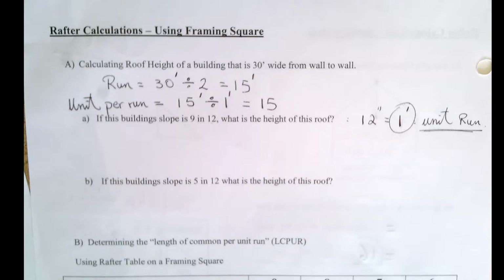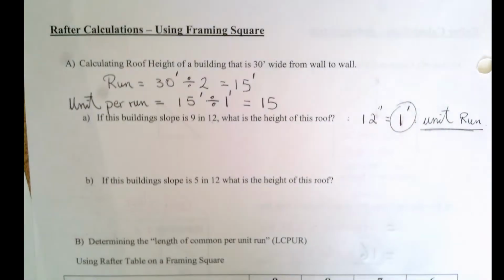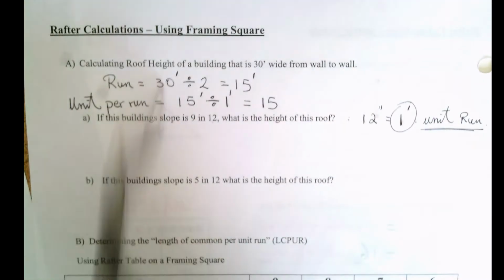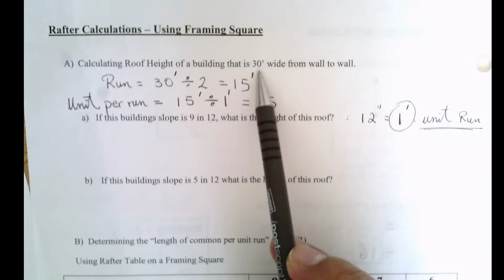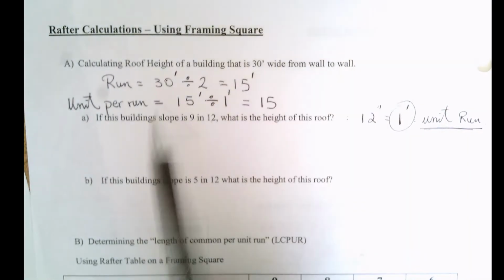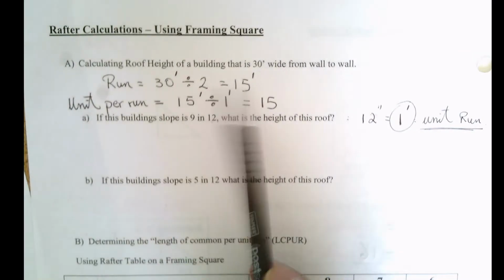All right, so more or less this is somewhat similar to what you worked on in the first page. Go back to this last page, question A. The span is 30 feet, so you divide 30 feet by 2, that's 15 feet.